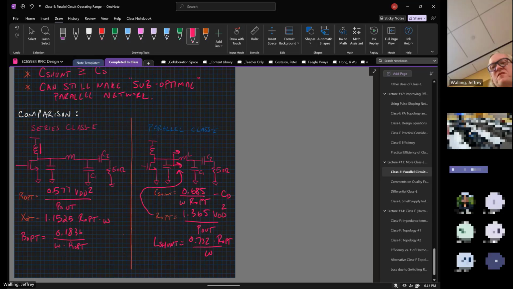Now, I've already made my comment that we call them power amplifiers, or switching power amplifiers, but they are not amplifiers. There is no gain in the circuit. We are driving the input rail to rail, and the output is not proportional to the signal swing. If, for instance, instead of driving 0 to VDD, I drive the input from 0 to VDD over 2, is the power going to be different?